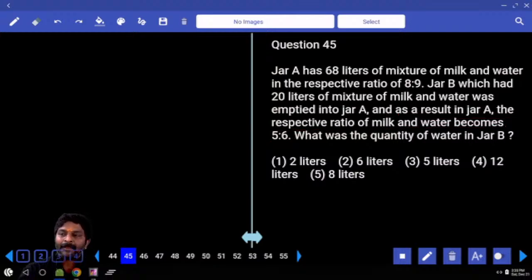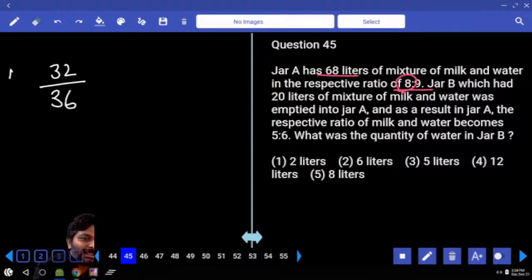Right. 68 liters are in the ratio 8:9. How many parts? If 17 parts is equal to 68, each part is equal to 4. 8 parts 32. 9 parts 36.